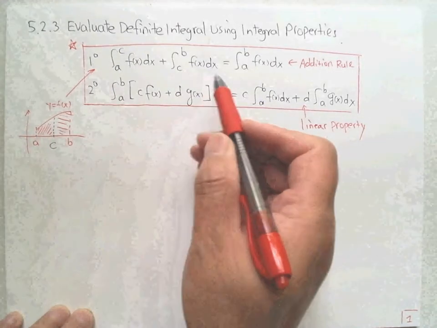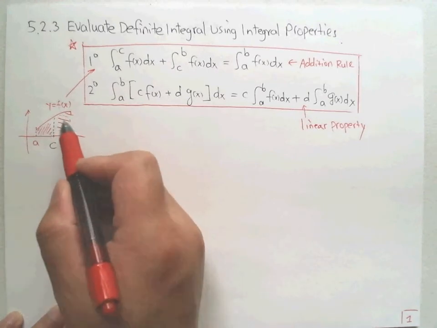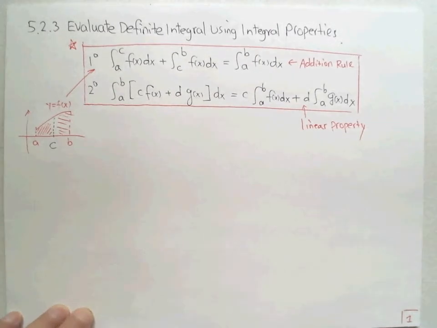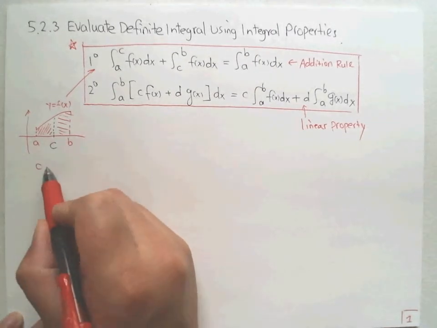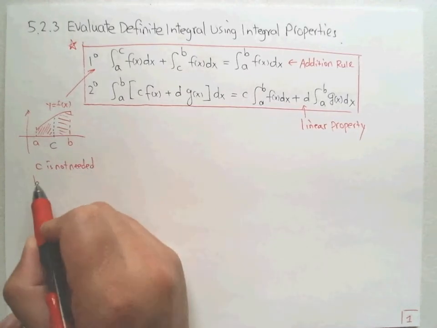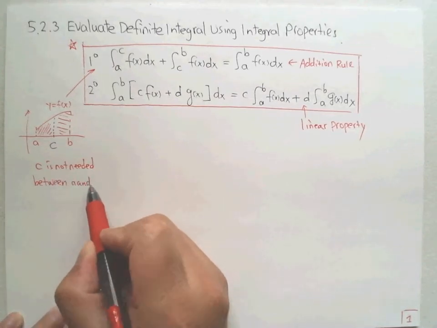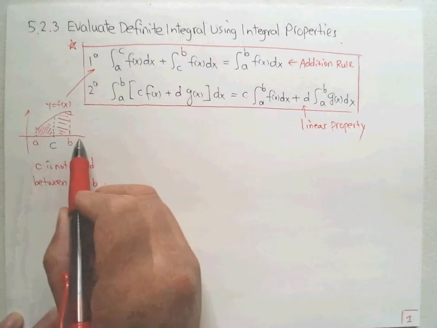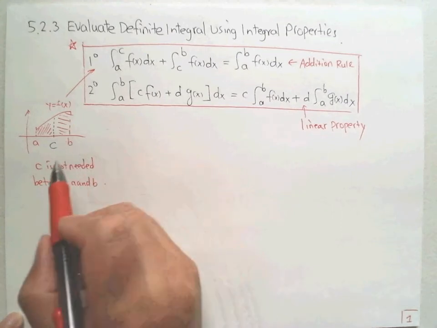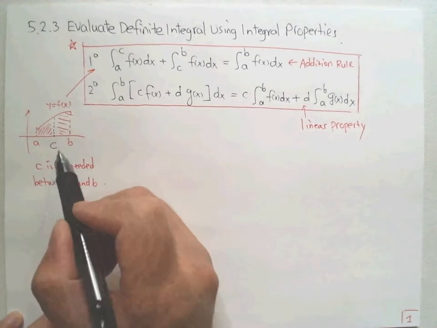We get the total area under the curve between A and B. But remember this: C is definitely not needed to be between A and B. If C is not between A and B, you can also prove it, so you can go prove it by yourself.